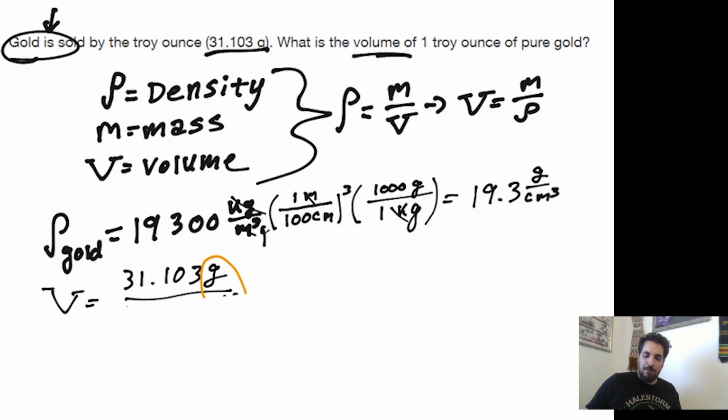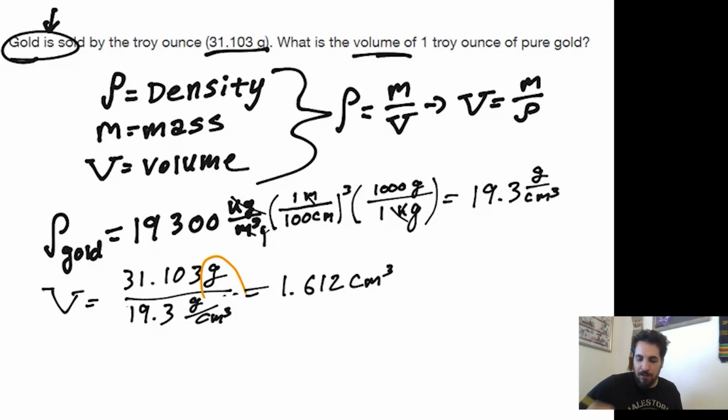The reason why is because a meter cubed of volume is a lot of volume. It's not typically seen, so we often use this centimeter cubed for volume. So we divide by 19.3 grams per centimeter cubed. And we end up with 1.612 cubic centimeters.